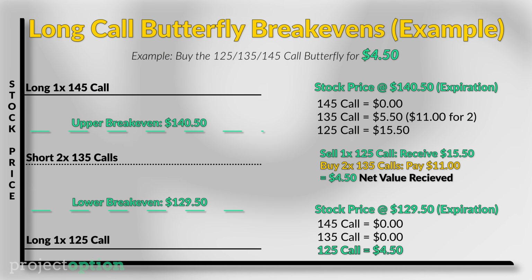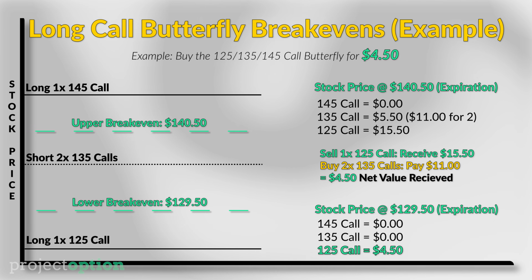If the stock price is right at $140.50 at expiration, I own the 125 call option in this butterfly spread. And that means since the stock price is at $140.50, the 125 call option will have $15.50 of intrinsic value. And since I own this option, this is intrinsic value that I own.